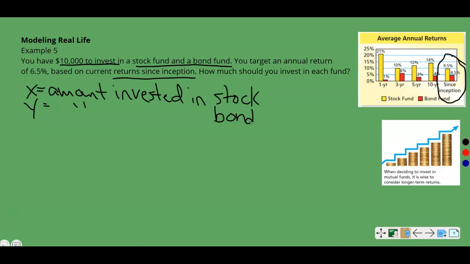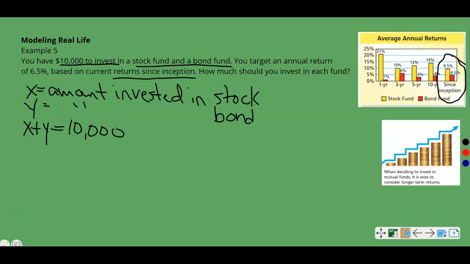That gives us variables to define. If we have $10,000 to invest in both together, we can say that X plus Y is going to be $10,000. So that's one equation that we have.